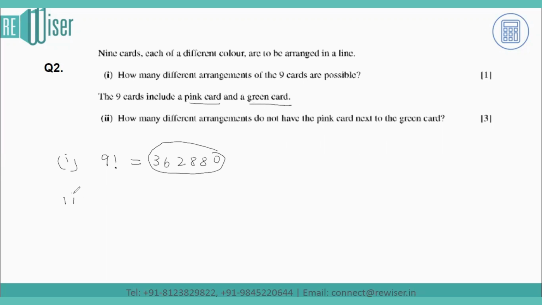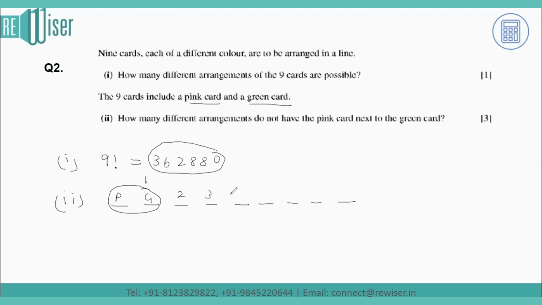For this type of problem, we first make the slots for the 9 arrangements, right? We'll put the pink card and green card next to each other. Now we'll assume that these are together and we'll consider them as one unit.